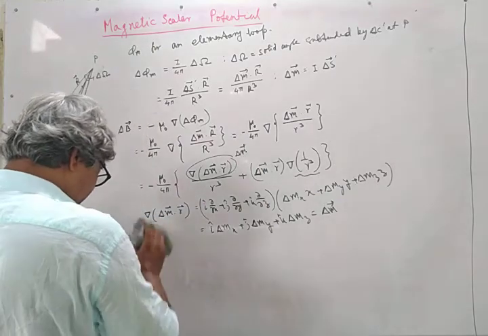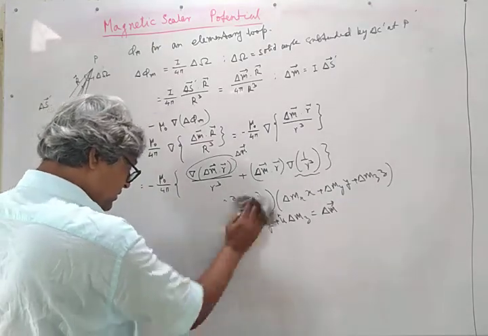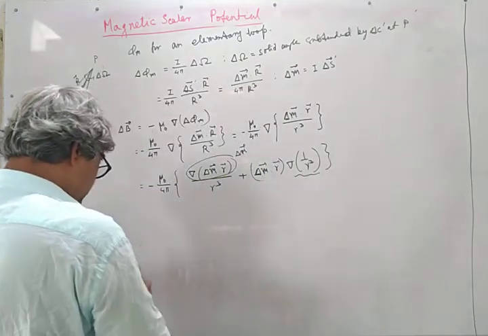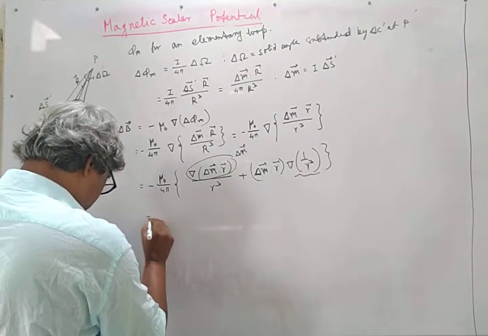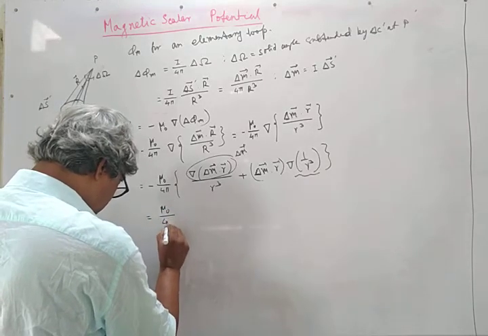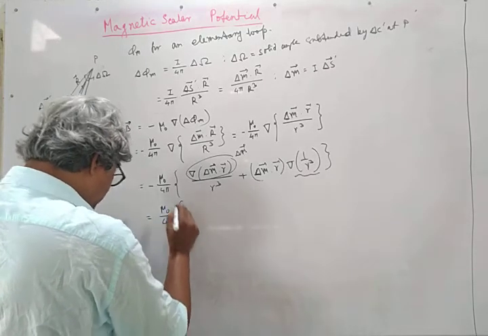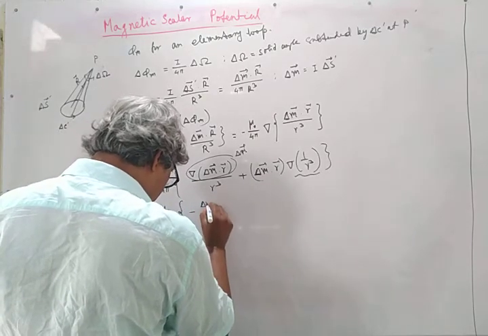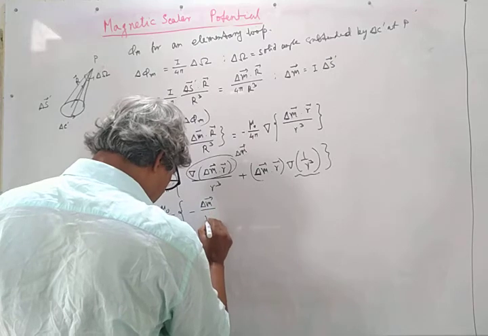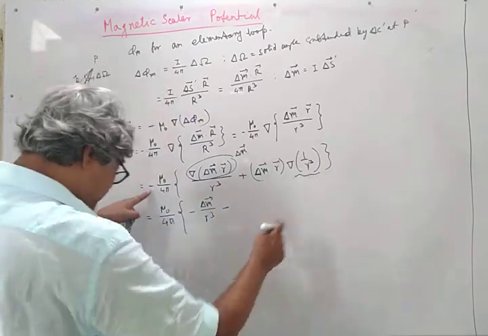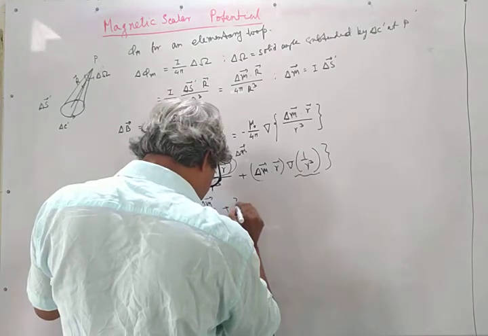So we get the result, the minus sign is taken into it, and here will be a minus sign which adjusts with it. So this is 3.